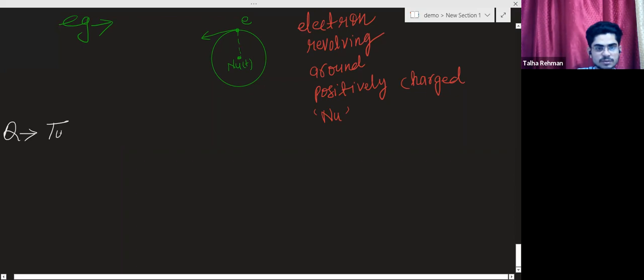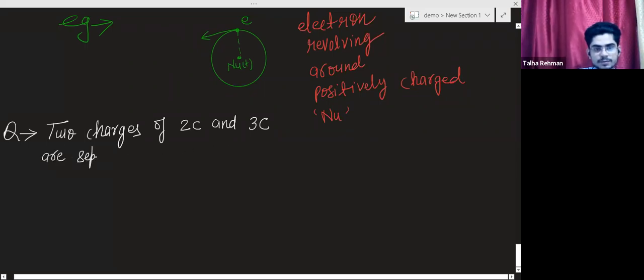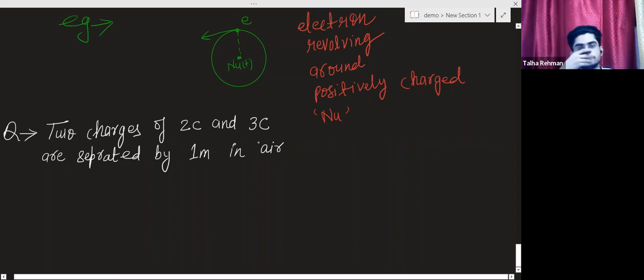So this is the question: two charges of 2 coulomb and 3 coulomb are separated by 1 meter in air. Calculate the force between them.